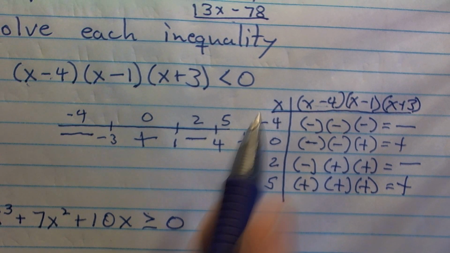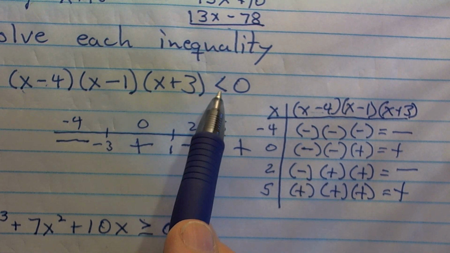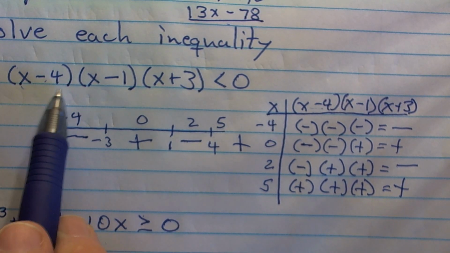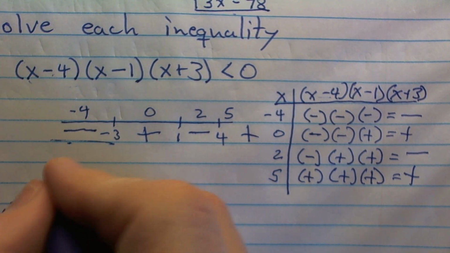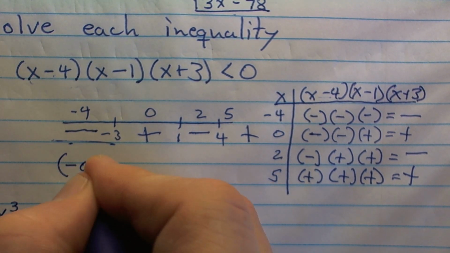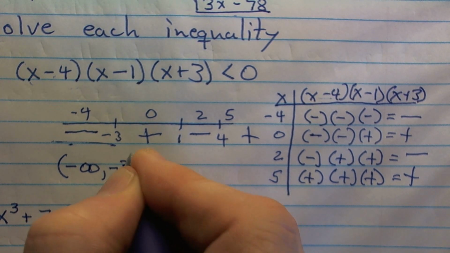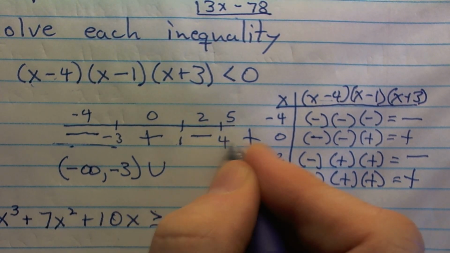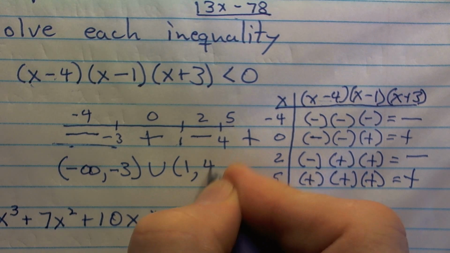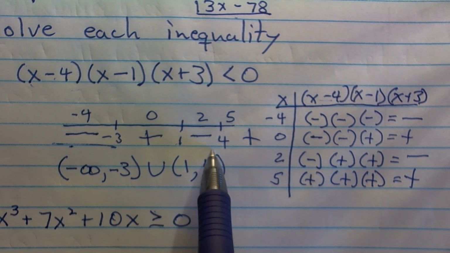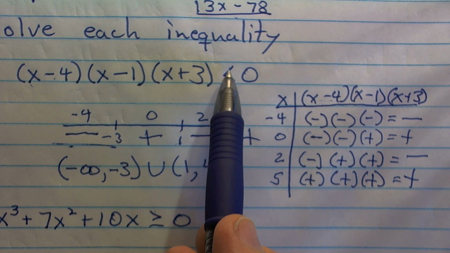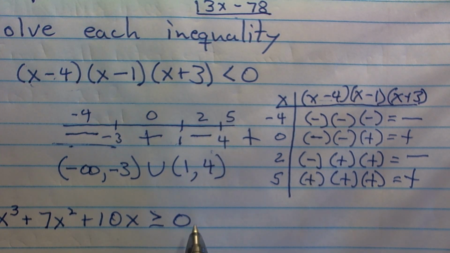But our solution is going to be wherever we have the polynomial less than 0. Well, that's going to be here, negative infinity to negative 3, union with 1 to 4. And notice I don't include the endpoints because this is strictly less than.